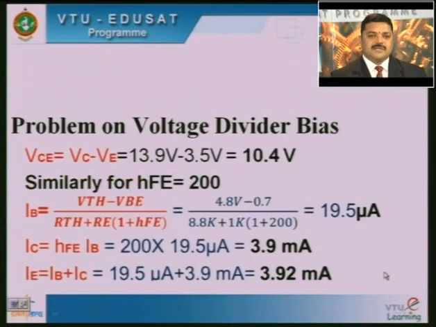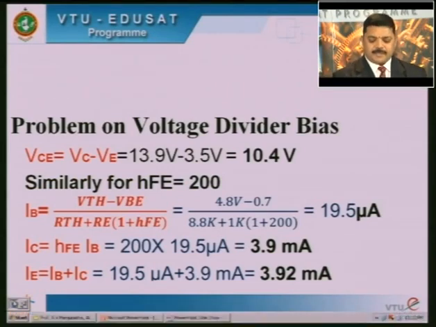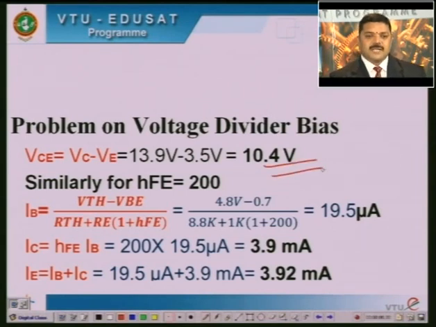Then VCE is equal to VC minus VE, which is 13.9 volts minus 3.5, which is found to be 10.4 volts. And similarly, for HFE equal to 200, we need to find out all these values.